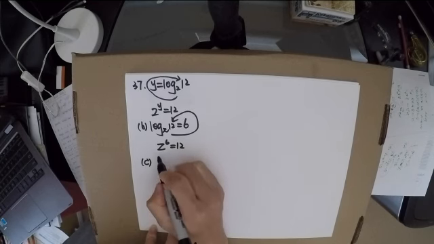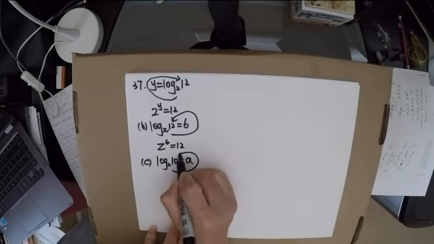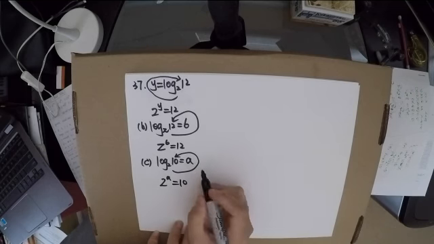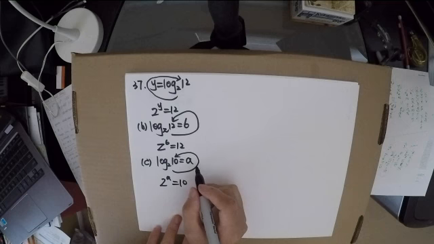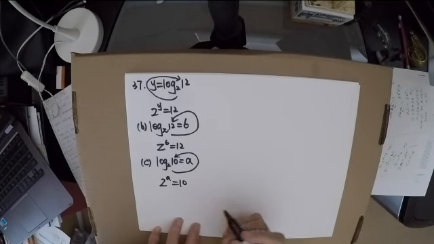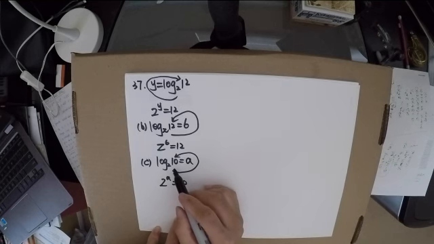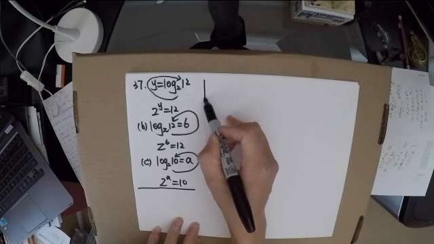So c is log base 2 of 10 equals a. So draw the circle, I have 2 to a's power equals 10. Okay, some of you still are confused about what's the order, what's the connection between exponential and logarithm. So here are some examples, okay?